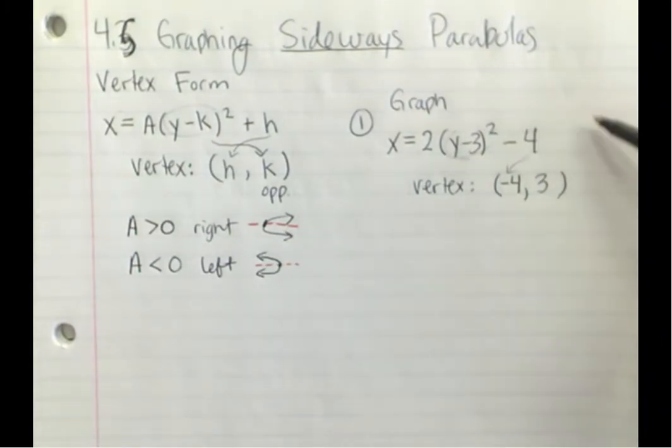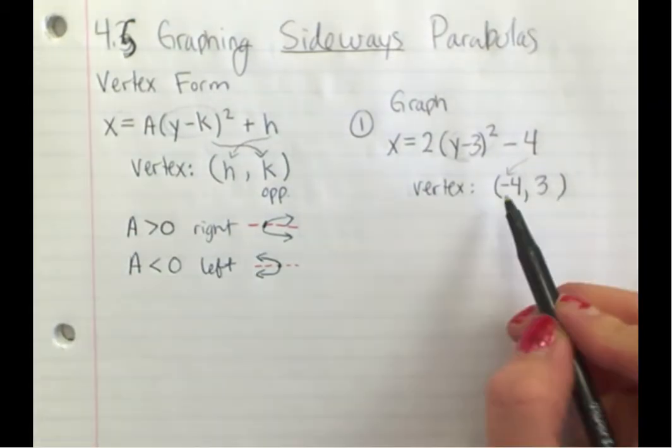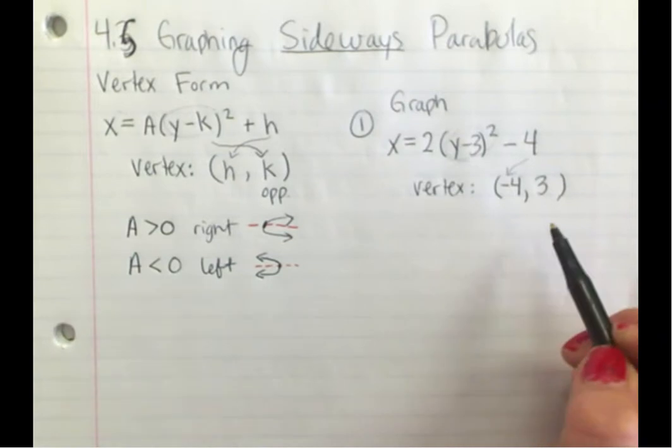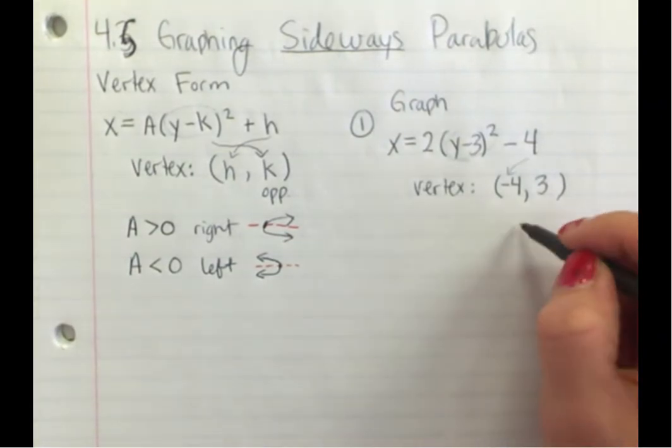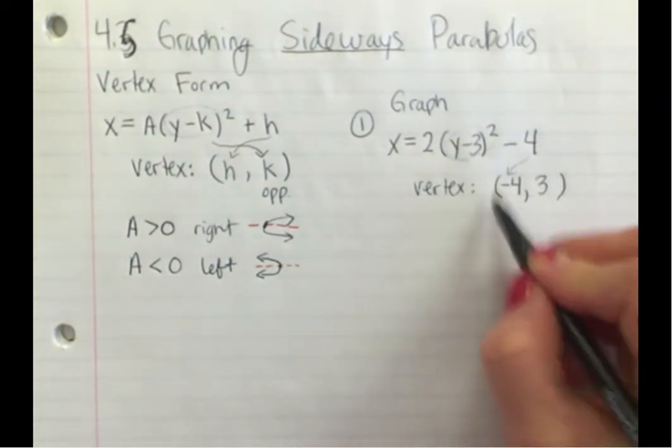Don't put your vertex in the wrong quadrant. Okay. It's vertex form. It is typically the easiest one to graph. So let's put our vertex on the graph and figure out how to get the rest of our points. So we're in quadrant 2.